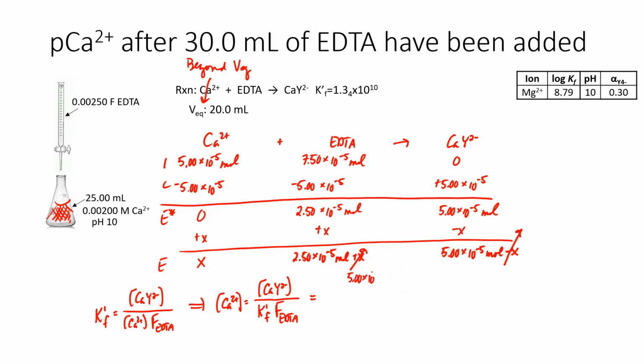5.00 times 10 to the negative fifth moles of that complex over the total volume. You started off with 25, you added 30, I think that's 55 or this many liters. And then we're going to be dividing by K primed of F. And again, we need the concentration of this EDTA. It'll be this many moles over the total volume.